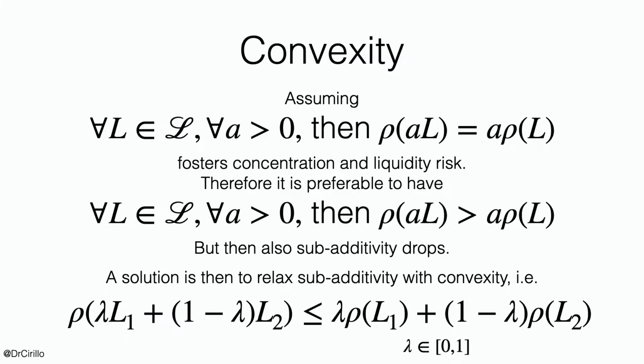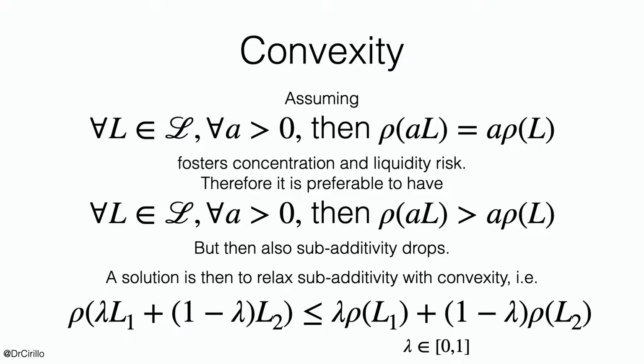The solution to this problem is to also drop subadditivity and to substitute subadditivity with something else. The new type of risk measure that we will get is no longer a coherent risk measure, but is a convex risk measure, which is very, very flexible, very, very useful, and we will see through the course that many of the risk measures we can play with are actually convex. To obtain a convex risk measure, we introduce a convexity requirement for the measure.